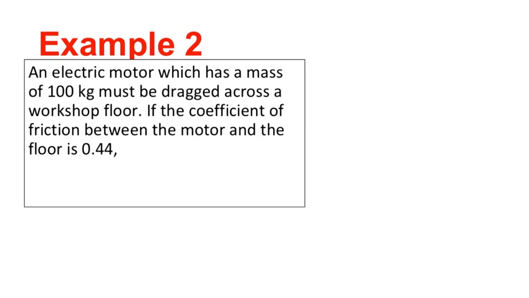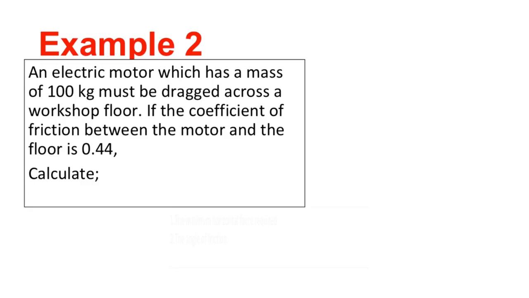Now, let us do another example, a different example, and see if we can remember these things so that we can apply them. In this case, you have an electric motor. An electric motor has a mass of 100 kg.